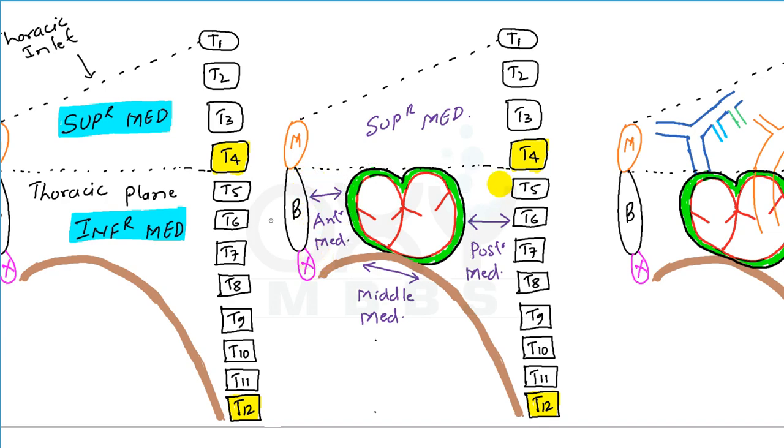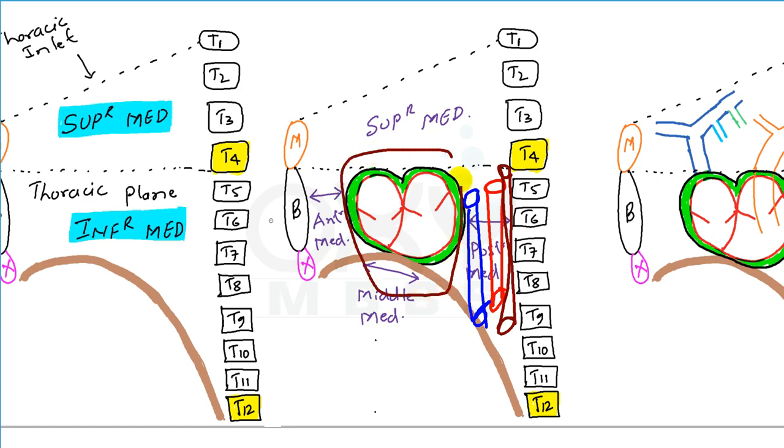Posterior boundary are descending aorta, azygous vein, and the esophagus.